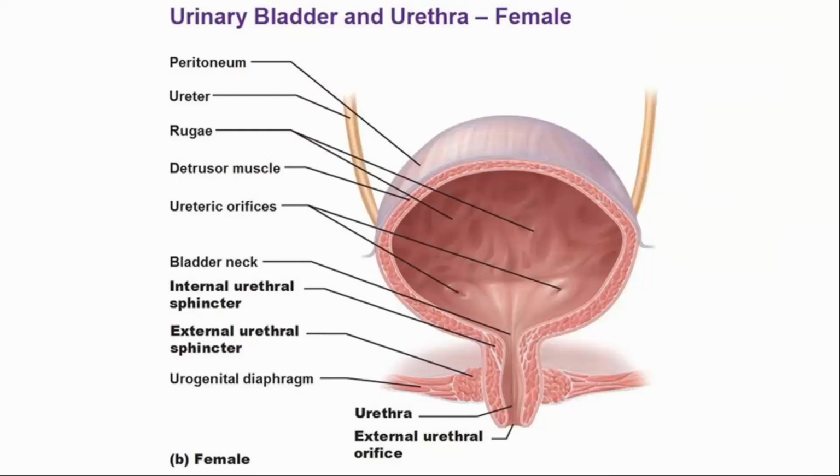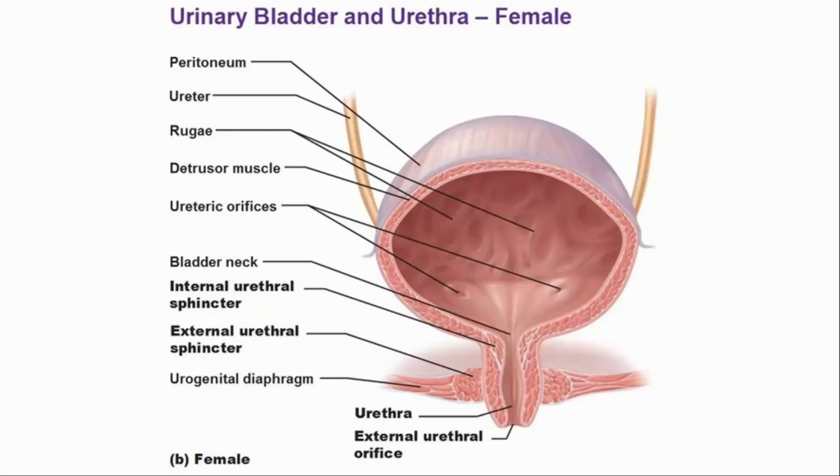Let's collect more information about the urinary bladder. First of all, is the shape of the urinary bladder constant? The answer is no. It depends on how much urine it contains. What is the wall of the urinary bladder made of? It is made of smooth muscle. What is the arrangement of the smooth muscle?